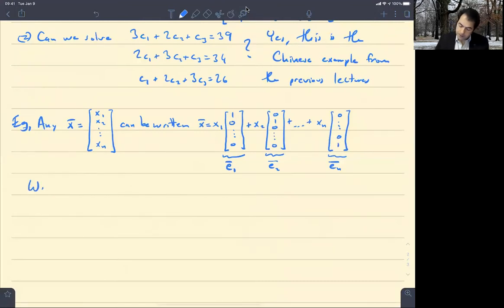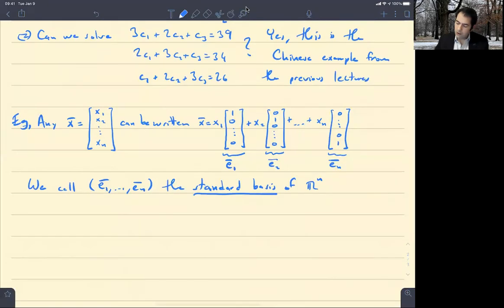So we call this list, e1 through en, the standard basis of Rn. Later, we'll talk about what basis means. But at the moment, just know that this is called the standard basis of Rn.